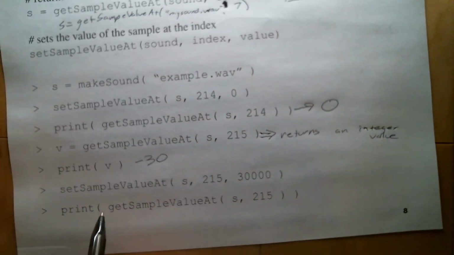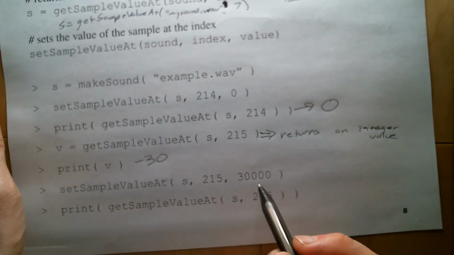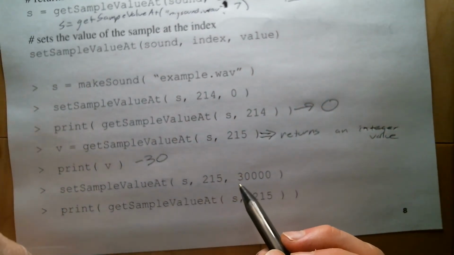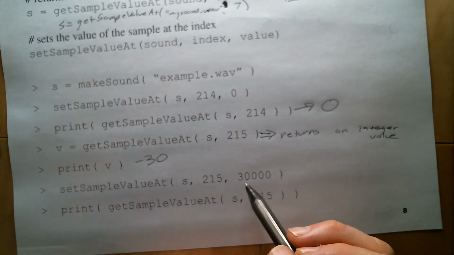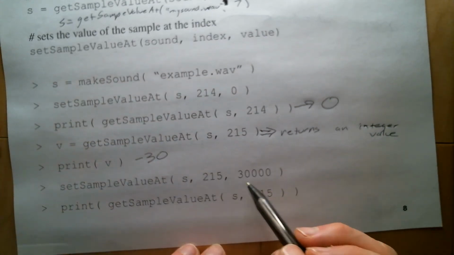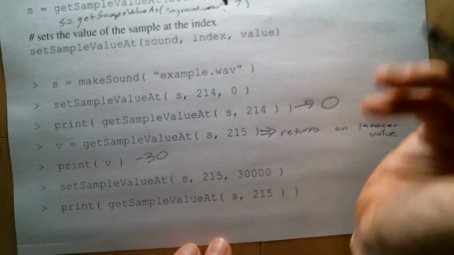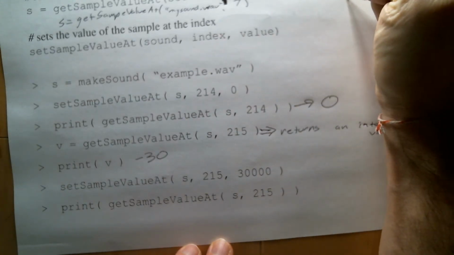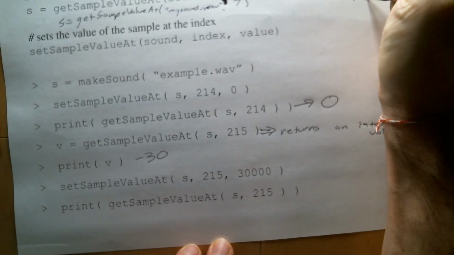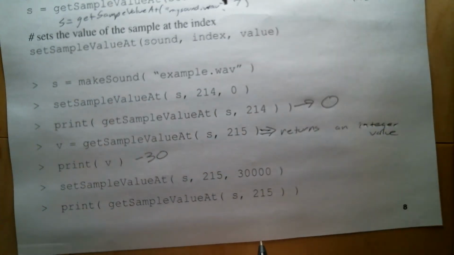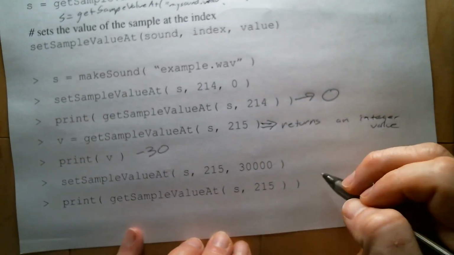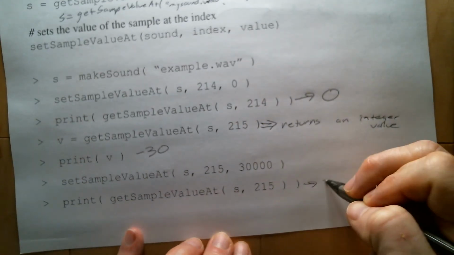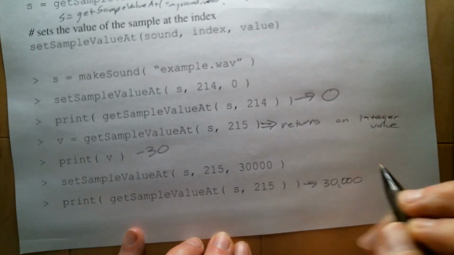And then again, we could use this set sample value at, and in this case, it would change it from 215 to 30,000. So now all of a sudden, this would have 30,000 inside of it. And then if we printed it, it would print out that 30,000.